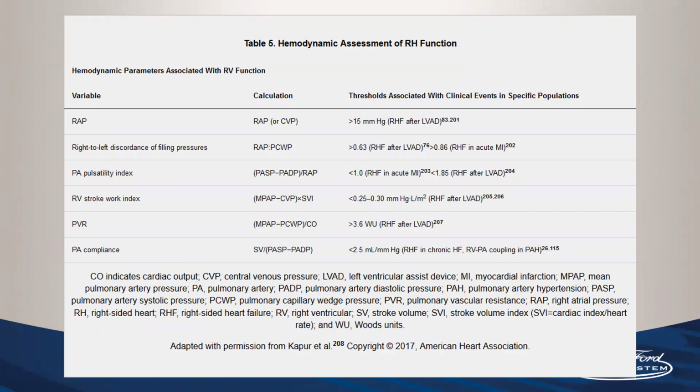If you're able to get pressures of like 85 over 45, although those pressures are too high and we want to try to treat it, the RV is actually hanging in there. The problem is when you get PA pressures of 30 over 25 and an RA of 18, then that's a problem, and that's an RV that's essentially a conduit. Blood's just flowing through it, and there's really no power behind it.